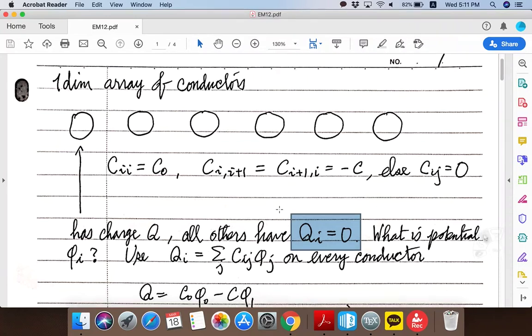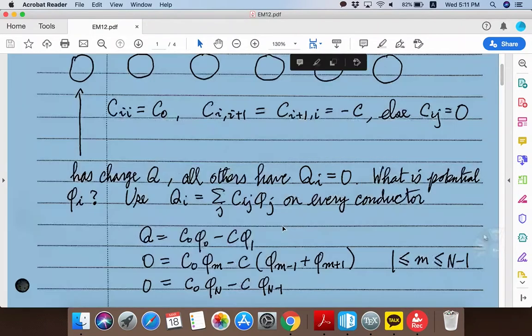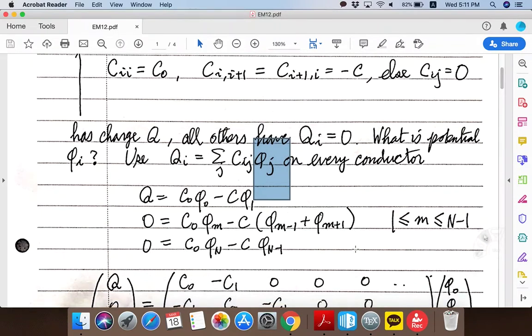Okay, so we can try to go back to this fundamental equation relating the charge on each conductor to the potential on every conductor in the whole system, phi, and then try to see whether we can solve this coupled problem.